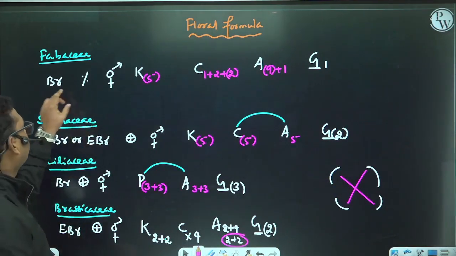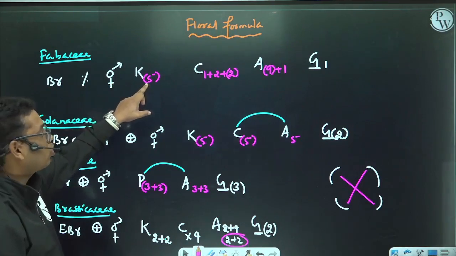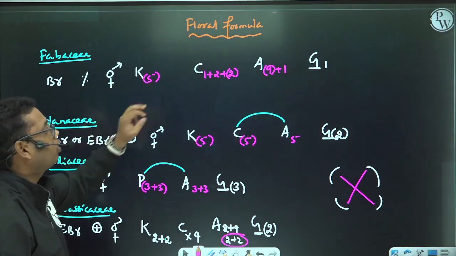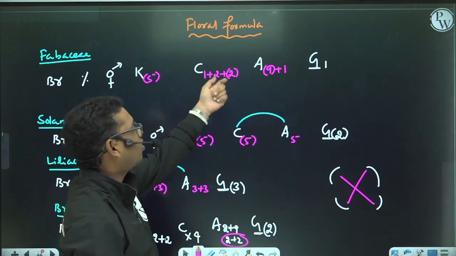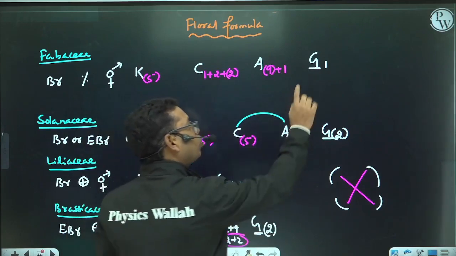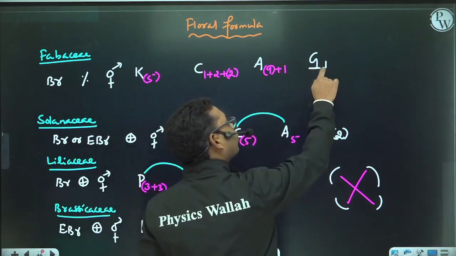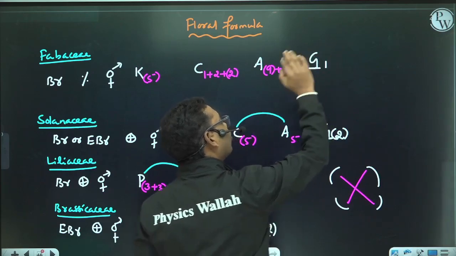Okay, bracteate, zygomorphic, bisexual, 5 sepals with gamosepalous condition, 5 petals with vexillary estivation, 10 stamens with diadelphous condition, monocarpellary condition with superior ovary.